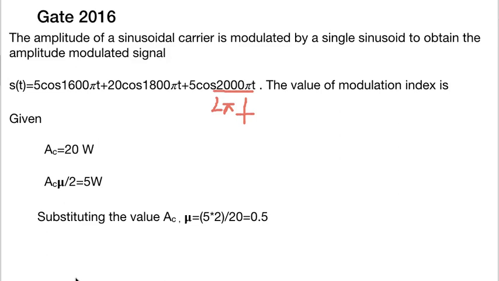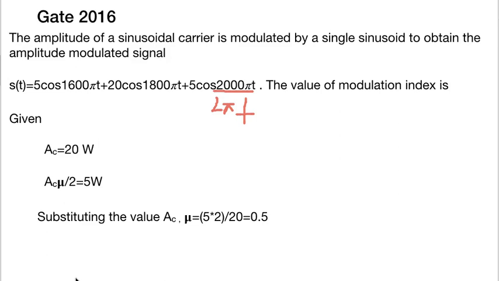So 900 lies in the middle. You can go by a thumb rule that what lies in the middle of the total spectrum is our signal at FC frequency. If you see that 900 is the FC frequency, then this is a sideband, this is another sideband.